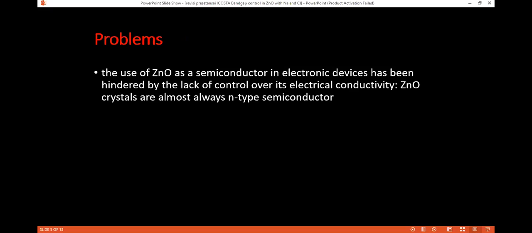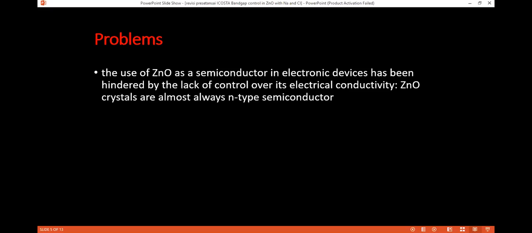To implement zinc oxide as semiconductor in electronic device, it has been hindered by lack of control over its electrical conductivity. Actually, if we consider it from the electronic structure point of view, zinc oxide should be naturally p-type semiconductor. But in reality, it's always n-type semiconductor.